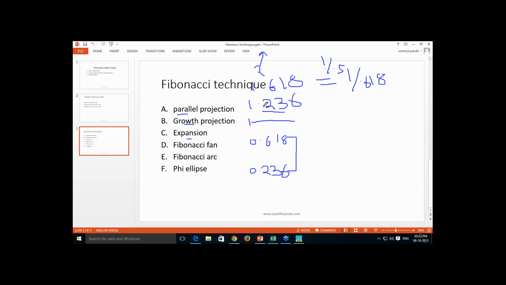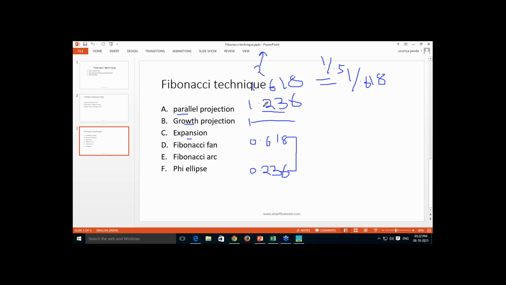So first is retracement from 0.236 to 1. Second is parallel projection. You only accept the ratio from 0.236 to 0.618. Once that is completed, you have to draw one more retracement line from 0.236 to 0.618. That is called your parallel projection.